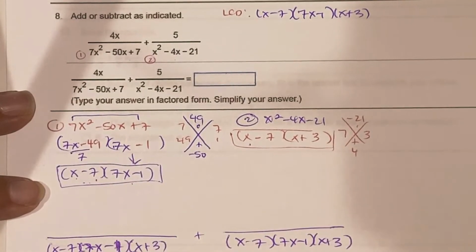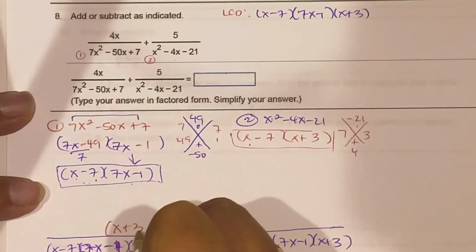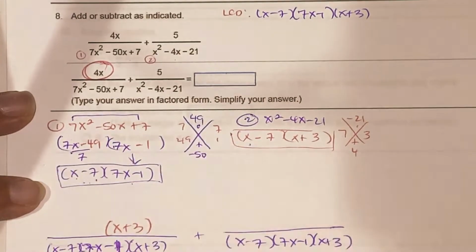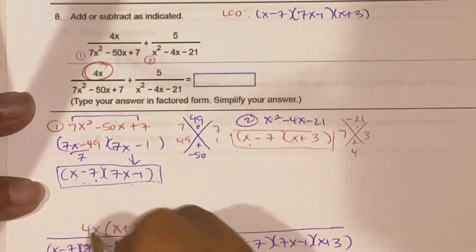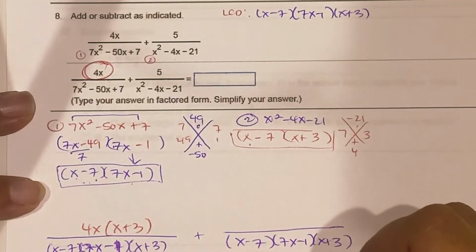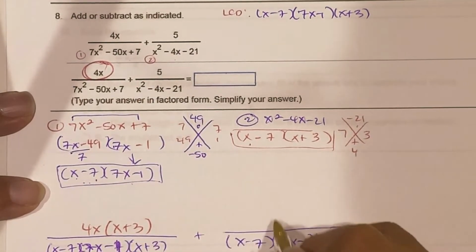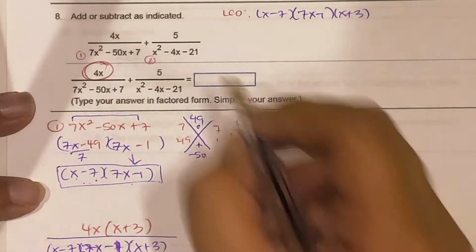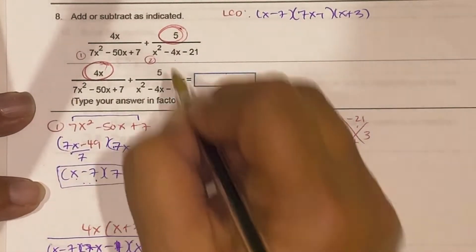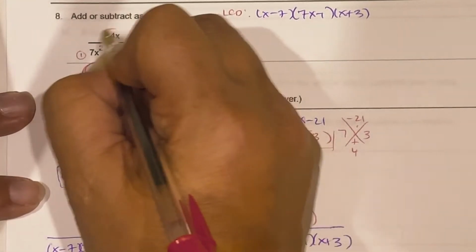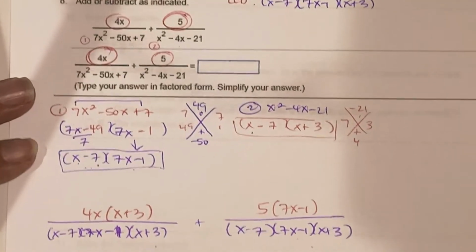It's missing the x plus 3. So in the numerator line, you're going to take your numerator piece, which is 4x, and multiply it by what was missing. On the second one, it's missing the 7x minus 1. So I'm going to write 7x minus 1 in my numerator and multiply by what was missing from our piece, which is a 5. You're going to use your numerator times what you are missing.